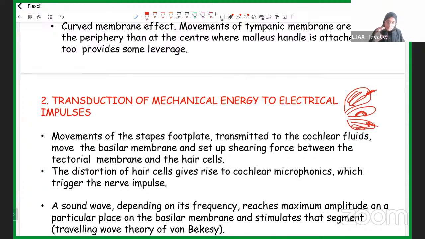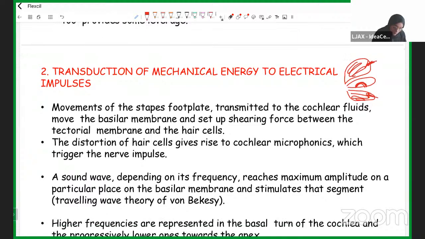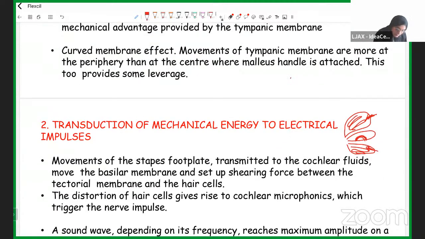So the scala media in between moves with the pressure of those cochlear fluids. That will lead to distortion of hair cells, and it will give rise to cochlear microphonics, which trigger the nerve impulses. Just like how I showed you that the hair cells will have a nerve down like this. So when these hair cells are moving, they will stimulate the nerve impulses.